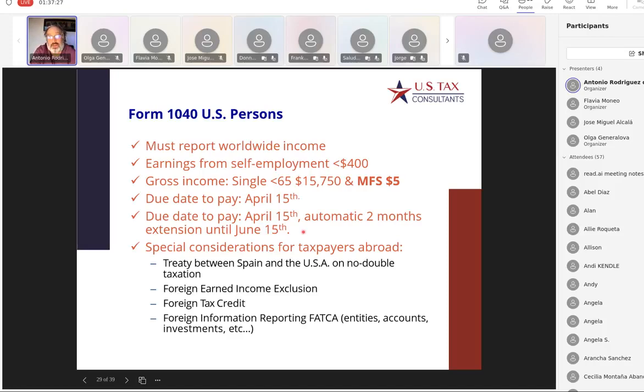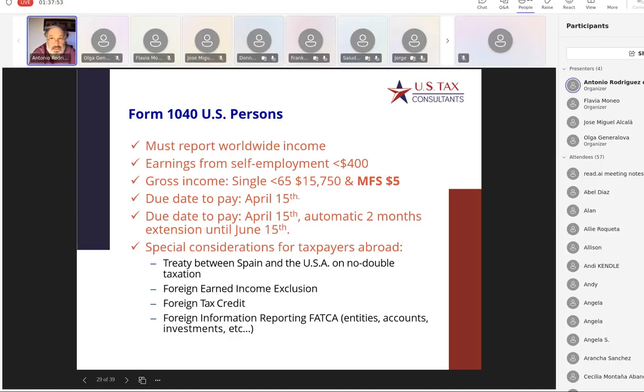That's important: if you have the automatic extension to June 15th, you can pay later, after April 15th, and you only have to pay the interest that payment produced, but you don't get a penalty. But anyway, the idea is to pay everything before April 15th.